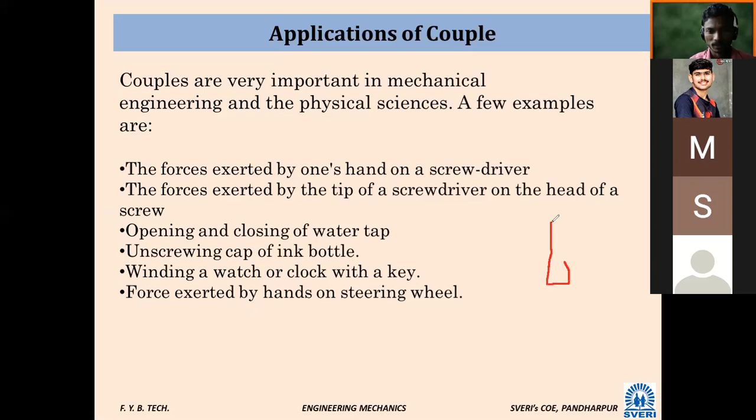So at both ends, suppose A and B, once we are going to rotate it, at points A and B, two equal and opposite forces are going to be exerted, so that that head of screw will get rotated and it will get fit into whatever we want.